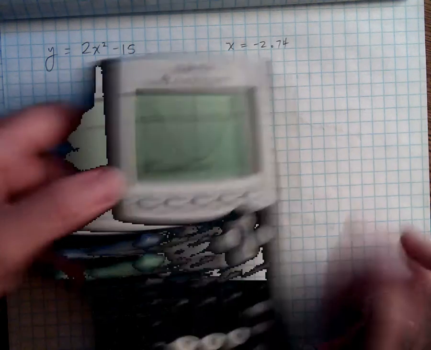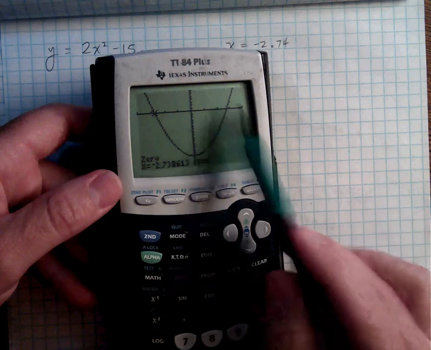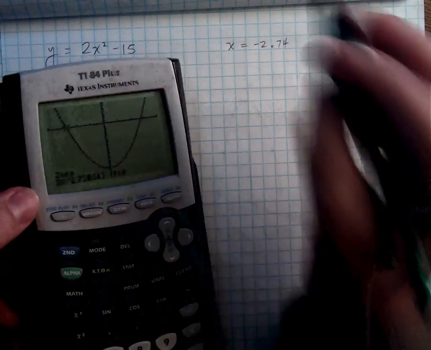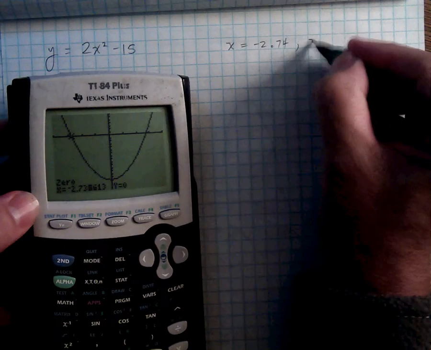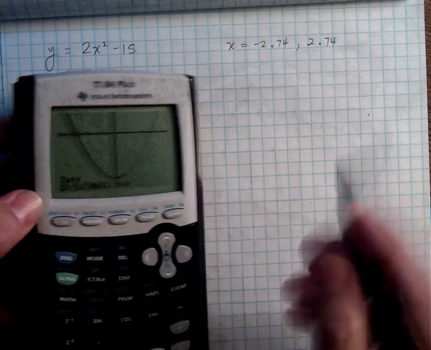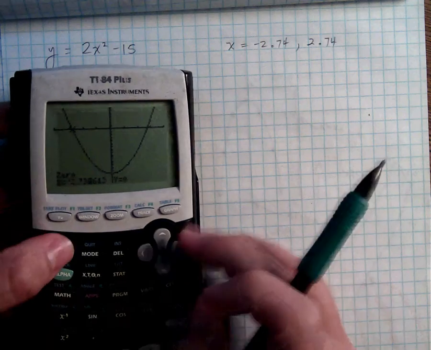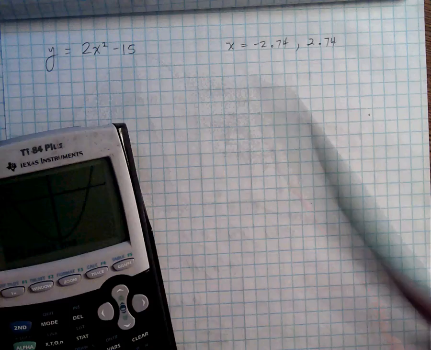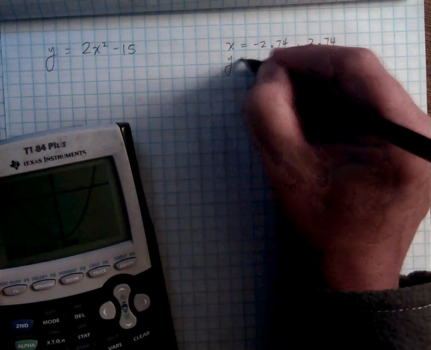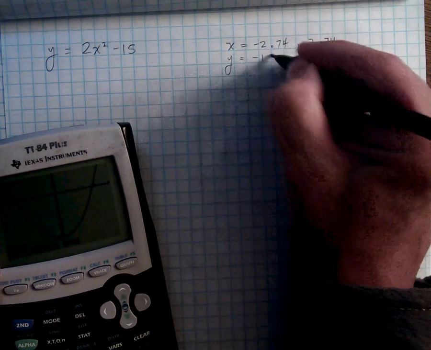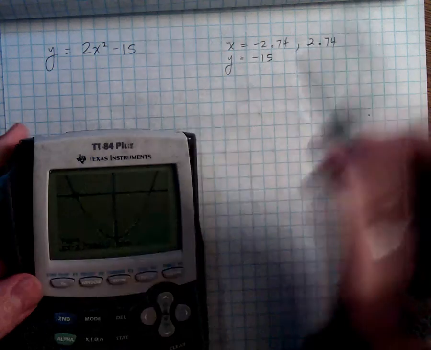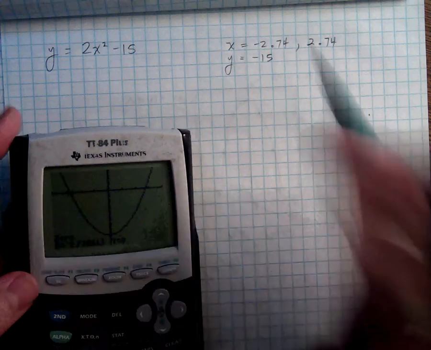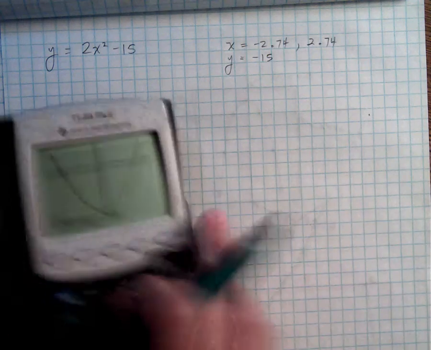Okay, and since it's perfectly symmetric, I'm pretty sure the other one is positive 2.74, and I know that it goes down to negative 15, so the y-intercept is negative 15. Alright, so these are your three intercepts, two x-intercepts, one y-intercept on that.